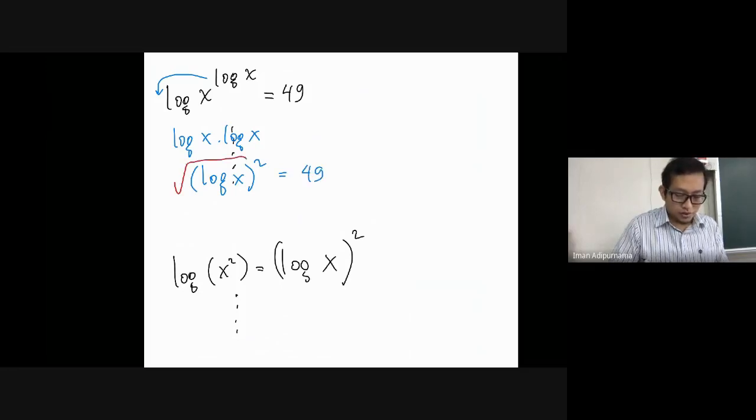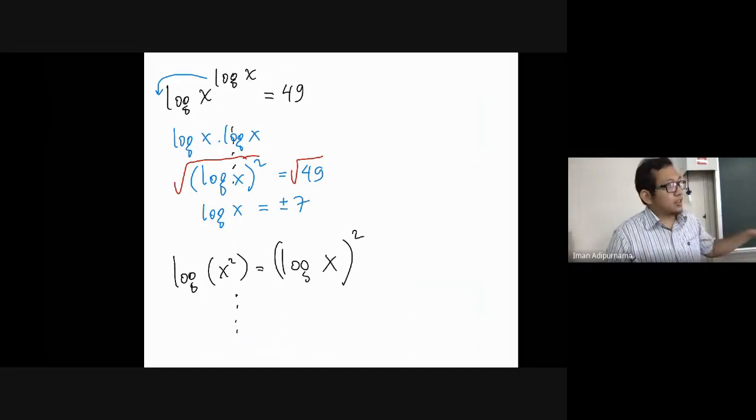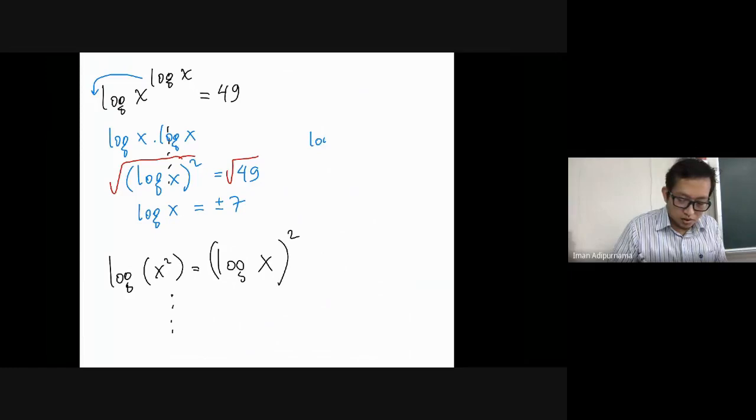Let's just square root both sides, okay? So we'll have log x is equal to plus minus 7. I can write this, right? Because it's the log itself that is minus, not the x. Okay? So log x is 7, log x is -7. And x here is 10.